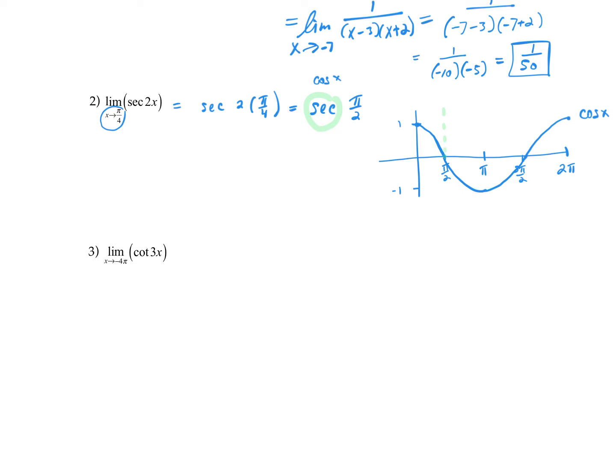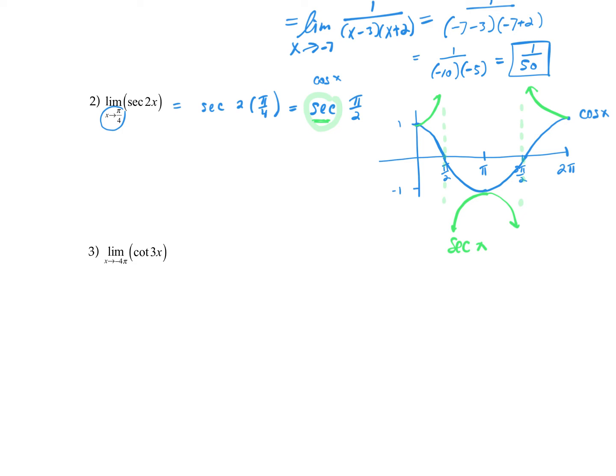Wherever cosine is equal to 0, secant would be undefined. Okay, so those would become asymptotes for the secant graph. Now if I go to graph the secant function, remember that it goes away from cosine and towards those asymptotes. Okay, so I'm graphing the secant function in green.